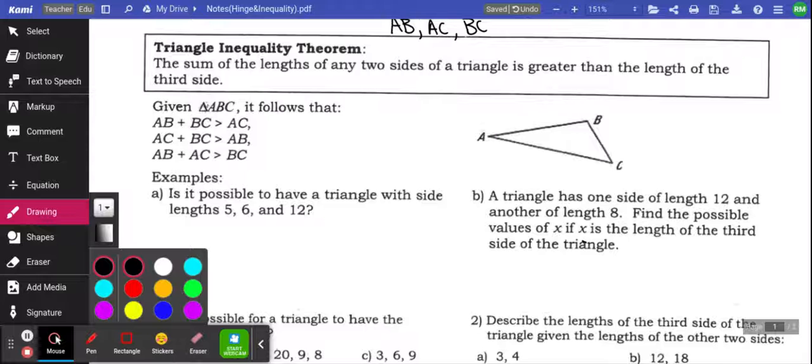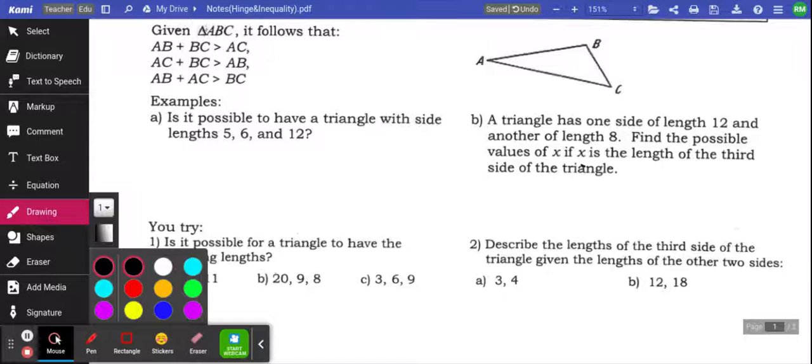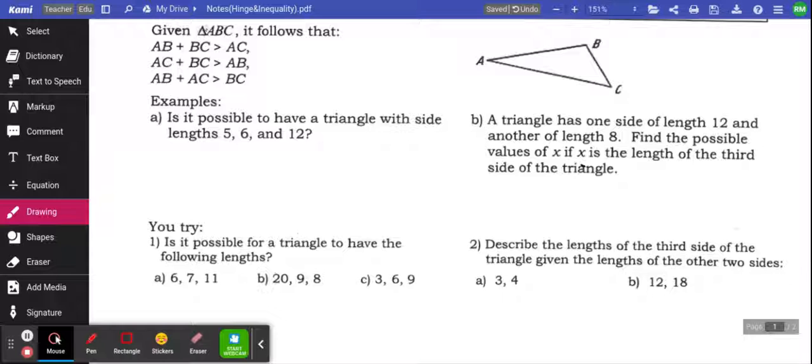Okay, so let's look at this first example. We have 3 different combinations that we can use. 5 plus 12 is greater than 6. Is that true? Yes. That's good. Okay.